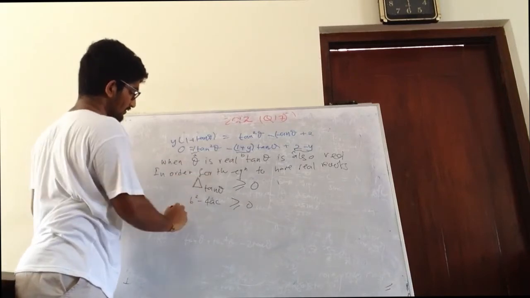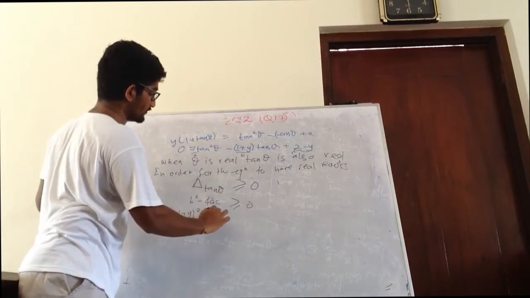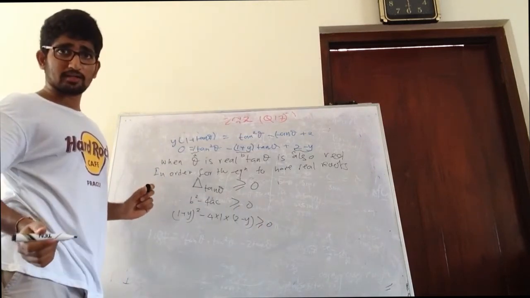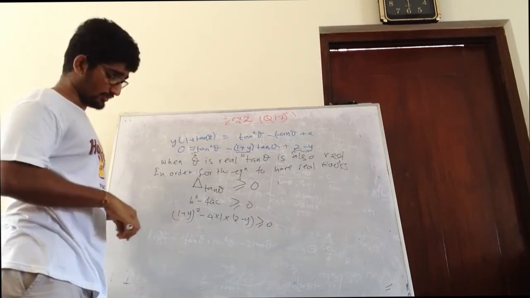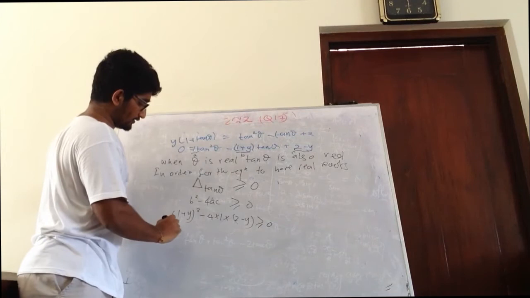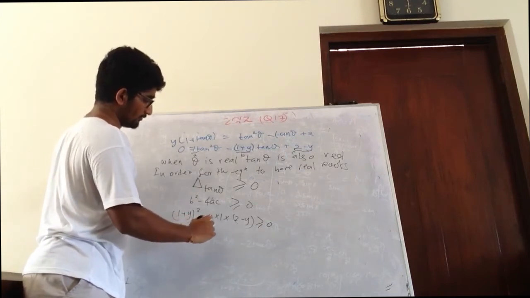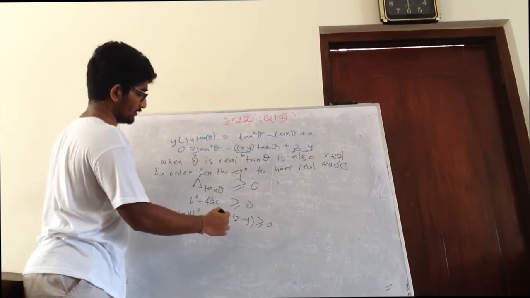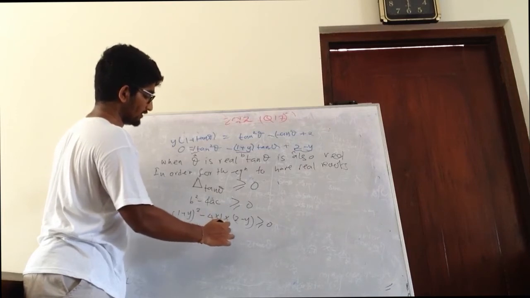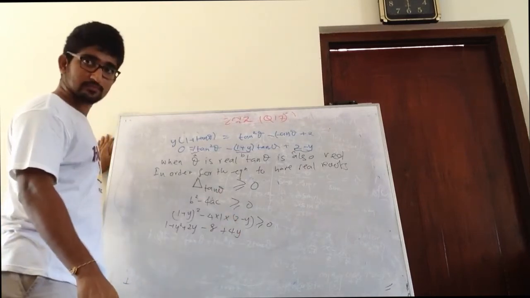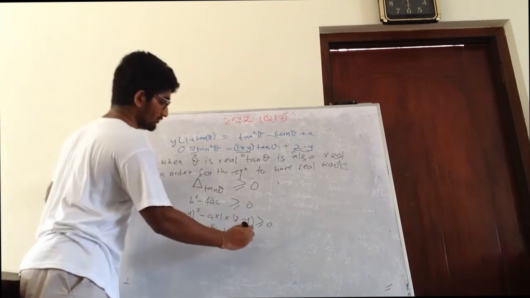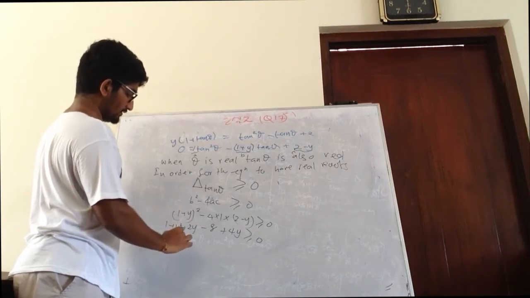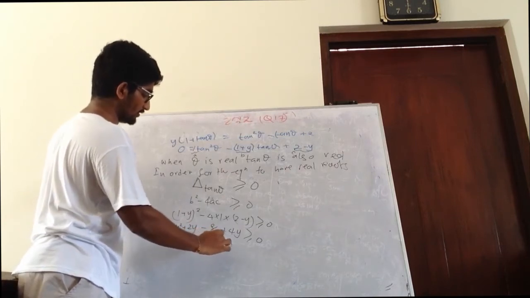B is minus (1 plus y), so (1 plus y) square minus 4 into 1 into C. So this is 1 plus y square plus 2y minus 8, minus 4 into minus y is going to be plus 4y. It's going to be greater than or equal to 0. That means y square plus 6y minus 7 is greater than or equal to 0.